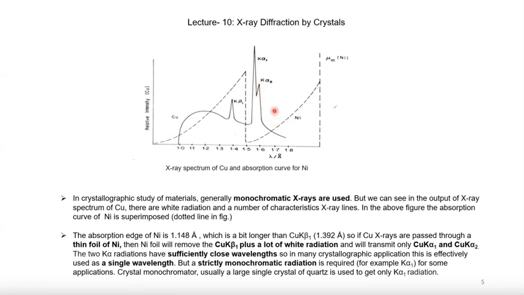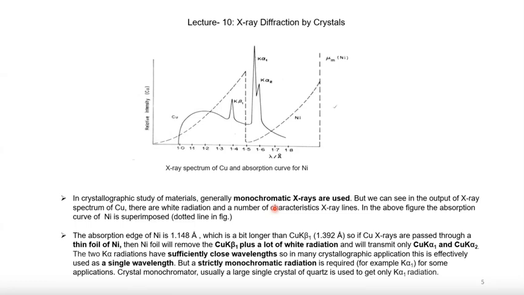You can see the difference in wavelength between K alpha 1 and K alpha 2 is very little, sufficiently close wavelengths. So in many crystallography applications, K alpha 1 and K alpha 2 are used as a single wavelength.